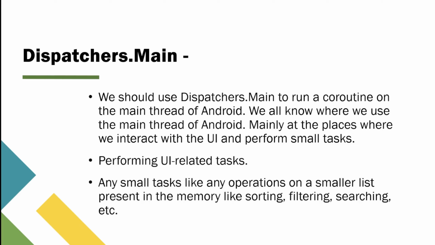So assuming that is the fragment or the activity where you're going to show the result, that would be the place where you are going to make use of Dispatchers.Main, because that operation has to happen on the main thread, be it interacting with the UI or a button click event, or showing or loading the list of users that you have received from the background thread.